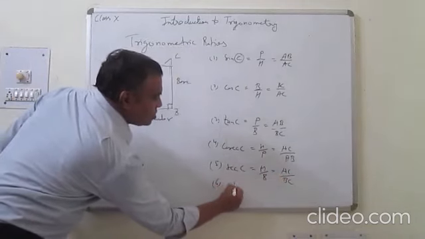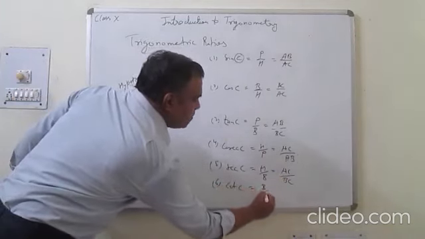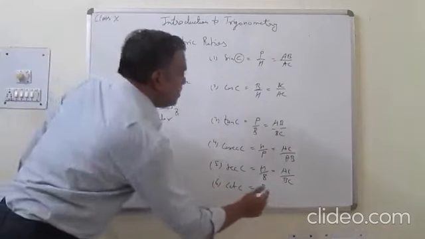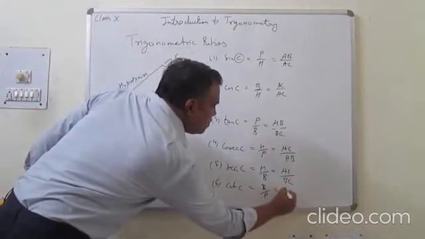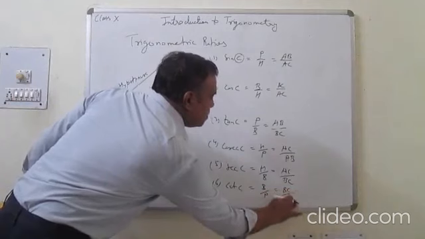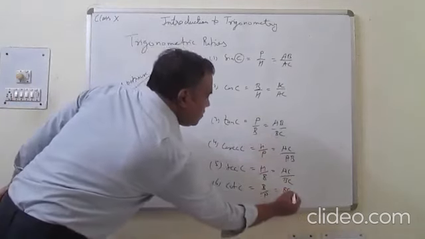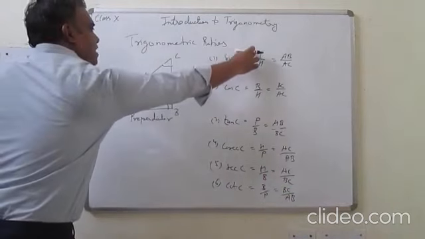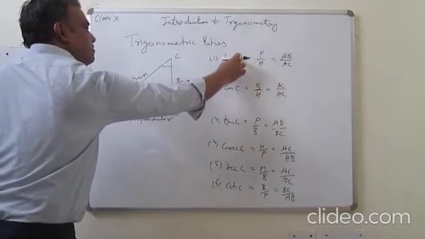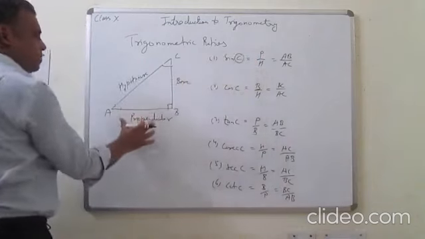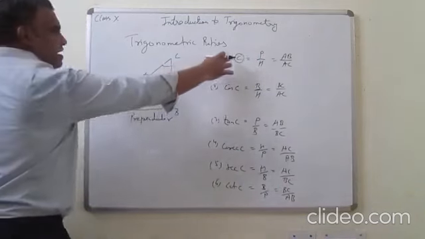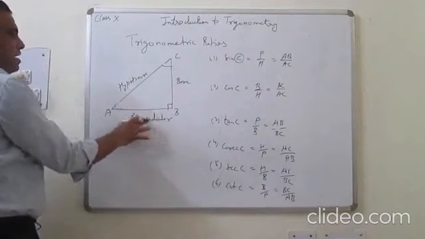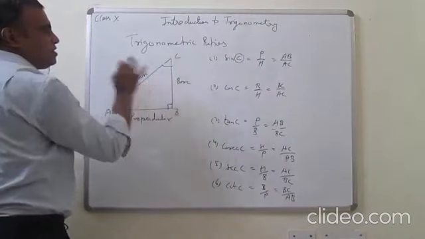Cot C is B upon P, BC upon AB. So the formula is the same, P upon H, but when you change the angle, the perpendicular is changed. In angle C, the perpendicular is AB, and in angle A, the perpendicular is BC.